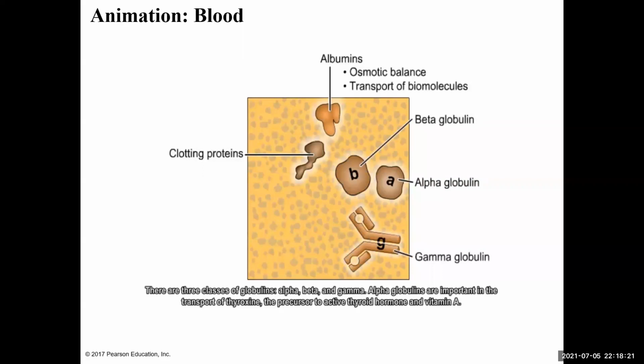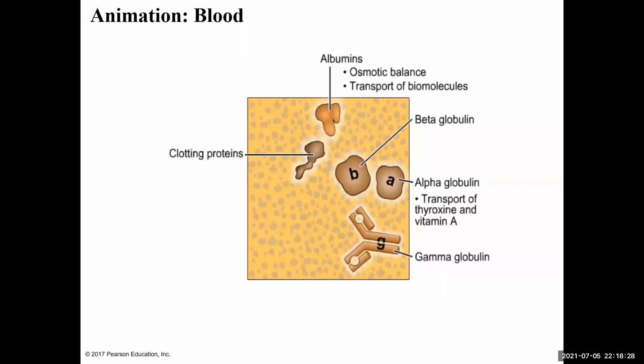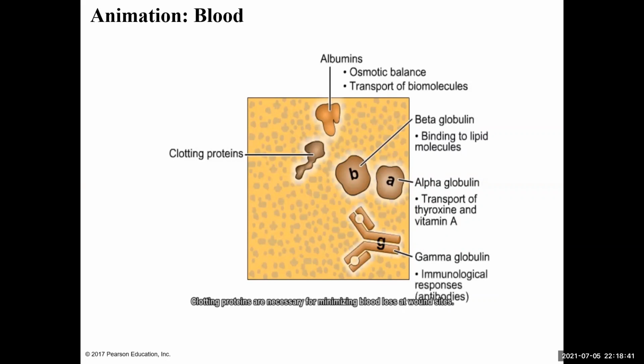Alpha globulins are important in the transport of thyroxine, the precursor to active thyroid hormone, and vitamin A. Beta globulins bind to lipid molecules such as cholesterol. Gamma globulins are important in immunological responses. Clotting proteins are necessary for minimizing blood loss at wound sites.